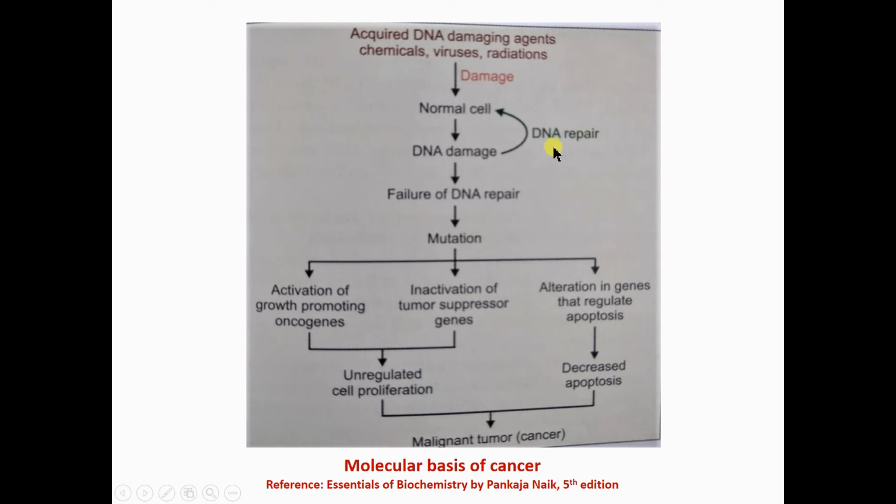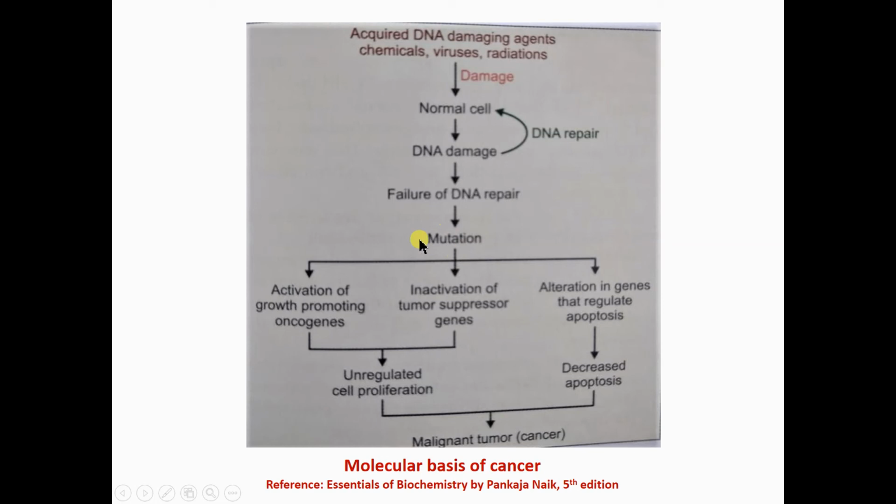But if these DNA repair genes, which are regulatory genes, become defective, then DNA repair cannot occur. Failure of DNA repair will lead to mutation in that DNA or particular gene.